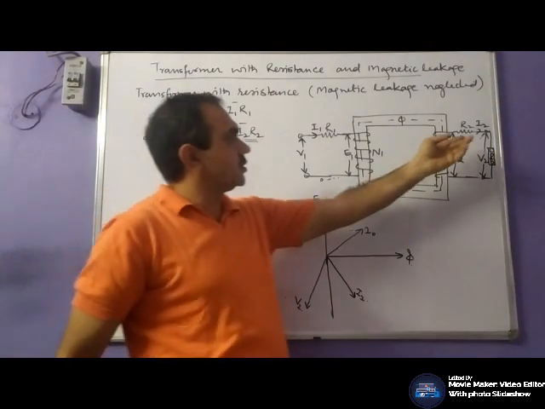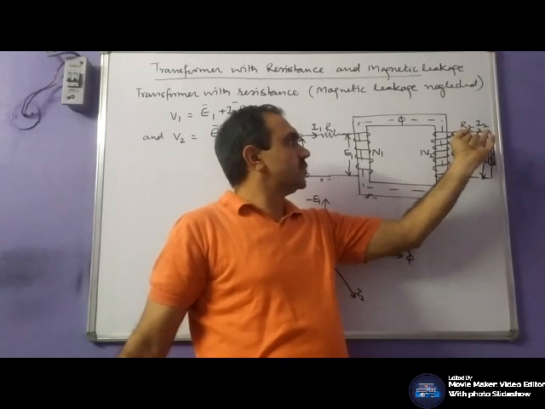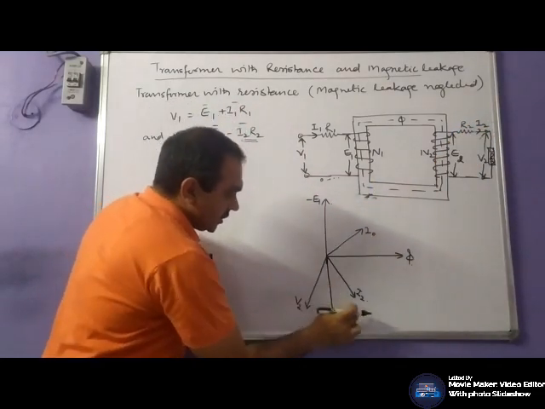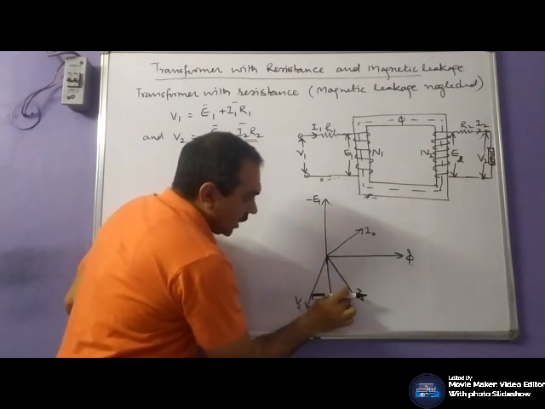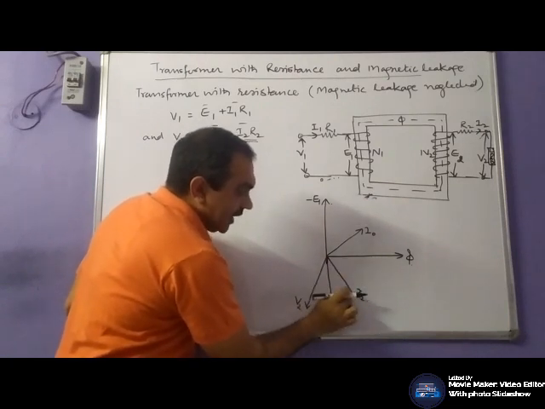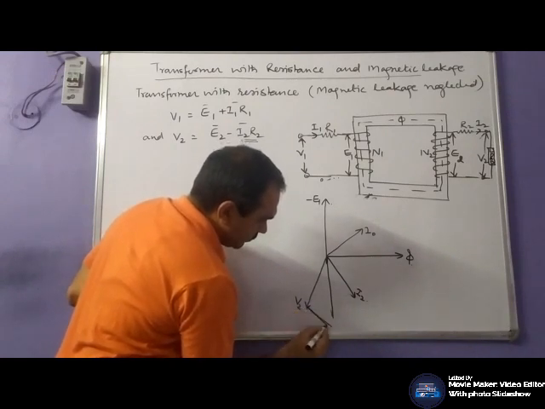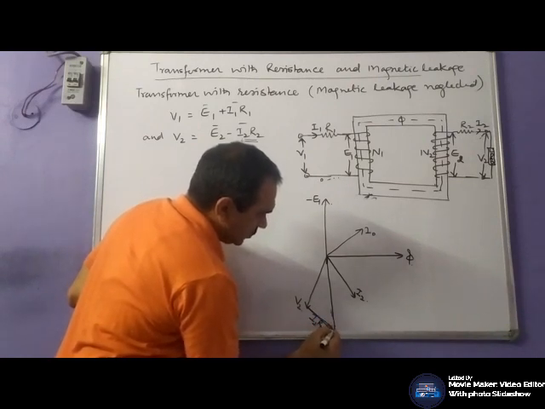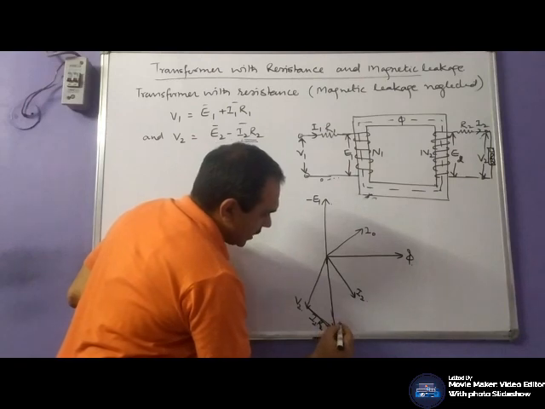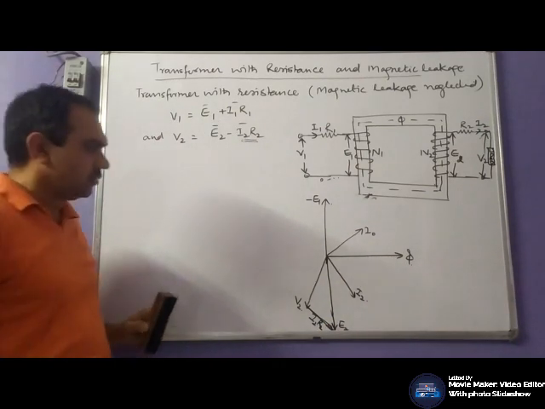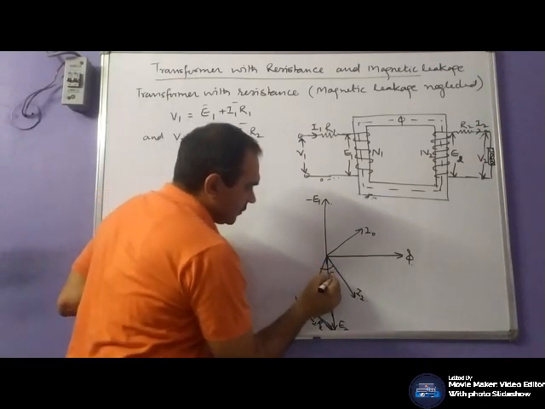Voltage drop across resistance R2 and this I2 would be in same phase. Means I2 R2 will be represented parallel to this line. I2 R2, and this will be the E2. Now this angle will be the phi.